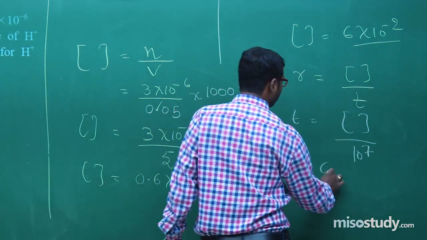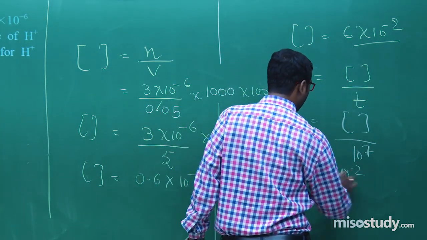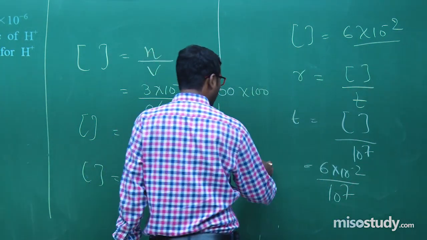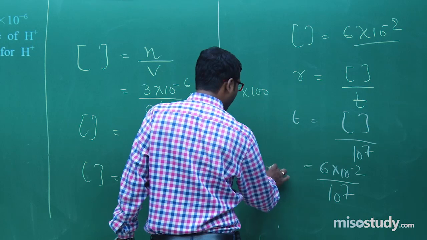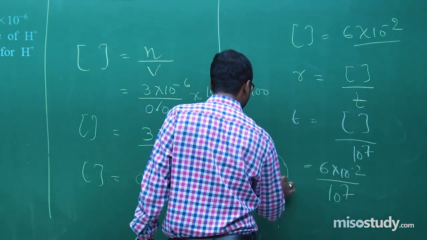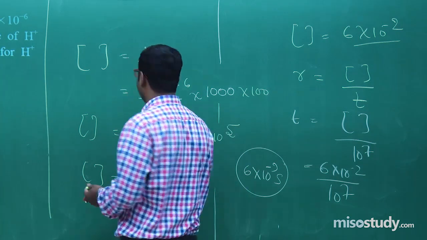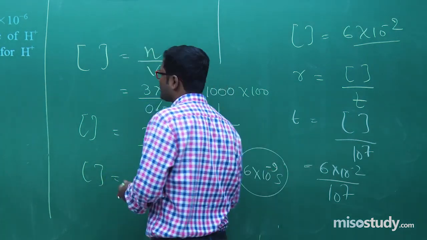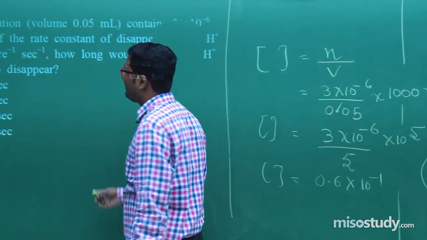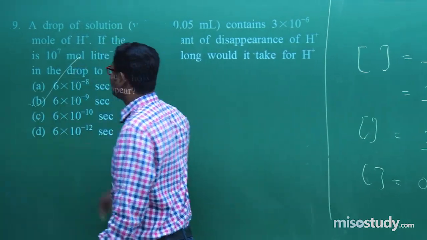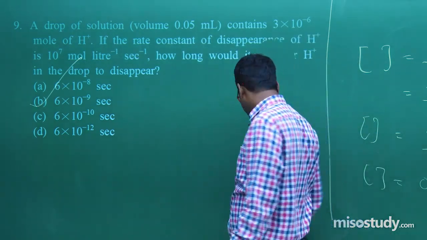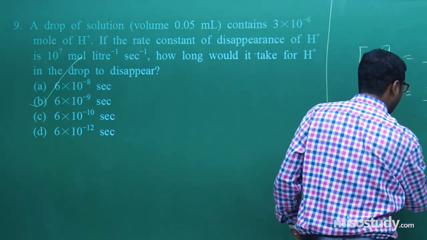Now what is concentration? 6 into 10 to the power minus 2 into 10 to the power 7. Now what will happen? 6 into 10 to the power minus 2 minus 7, that is 6 into 10 to the power minus 9 second. So for this question, what is the correct option? Sir, it is very simple. For this question, B is the correct option. Is it clear what I am telling?